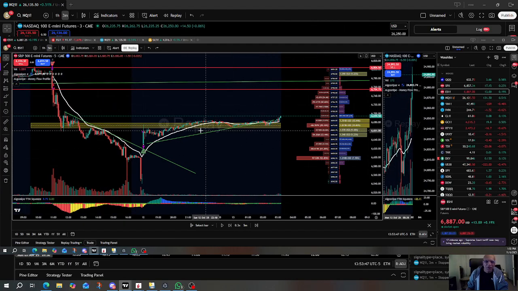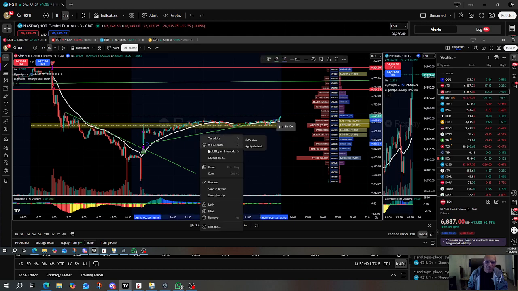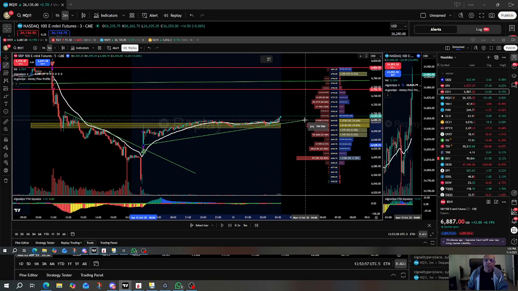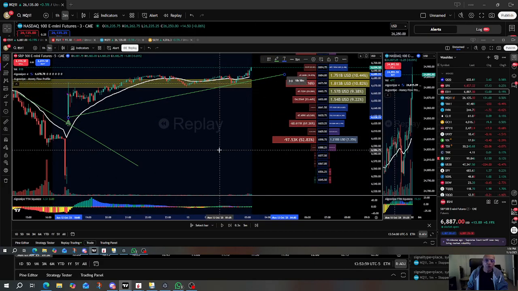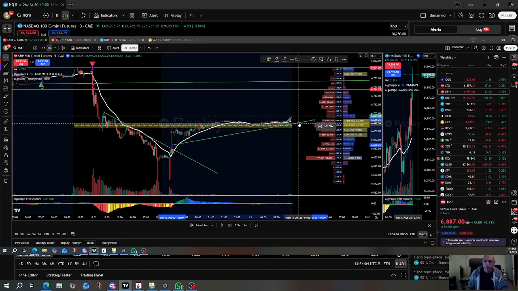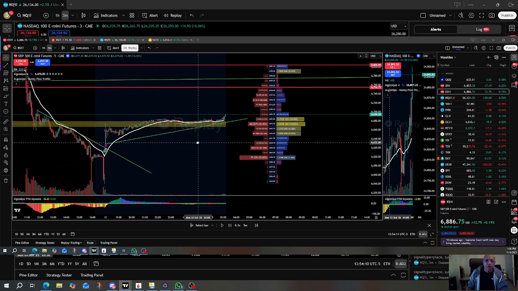Okay, so what I wanted to do was delete this trend line and readjust the trend line to here. You don't have to stick to the trend line you drew. If you see a better trend line, draw it. What we are looking for is a break of this trend line to the downside to go short, and we're looking for price action and volatility.